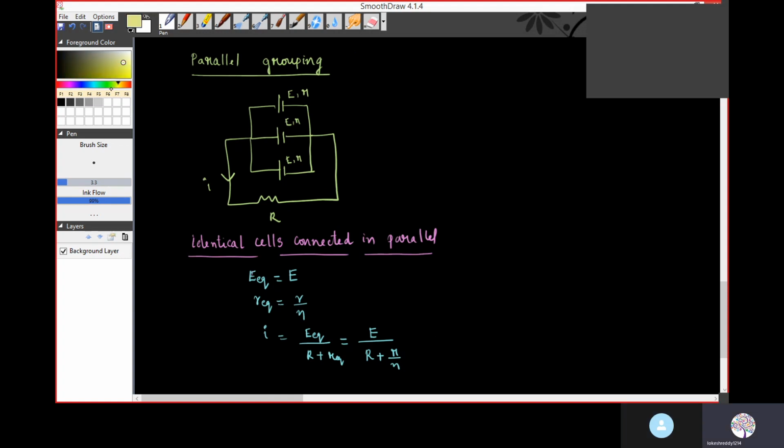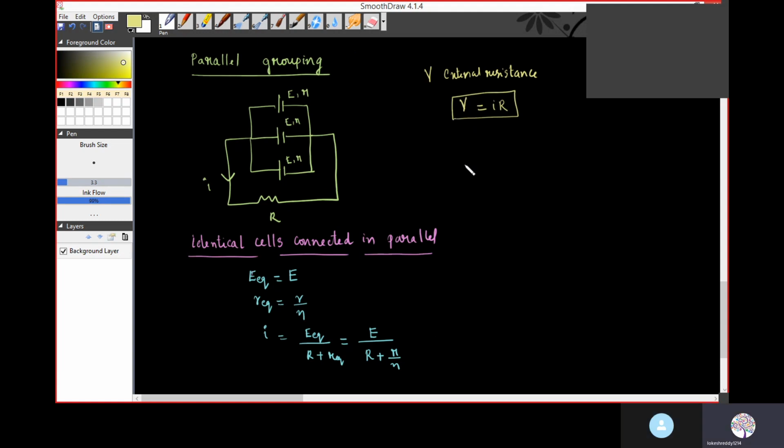Now, potential difference across external resistance: V across external resistance is V equal to IR.